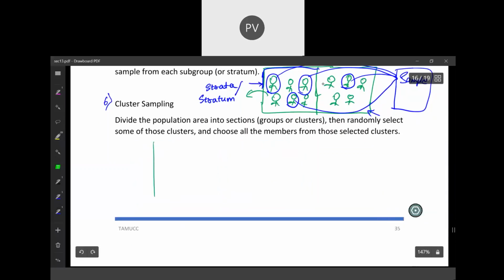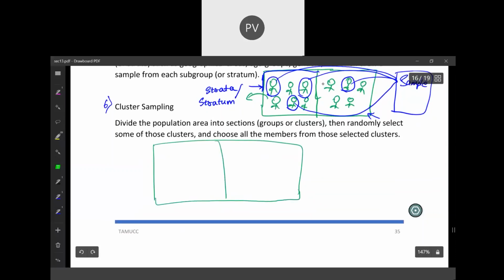Let me draw it in this color. And I have the same number of people here. Now, when you want to select people from this group, remember, in cluster sampling, you have to select the complete group.